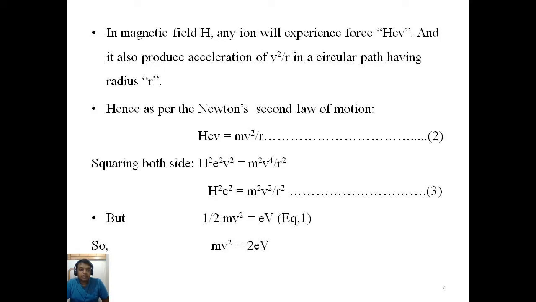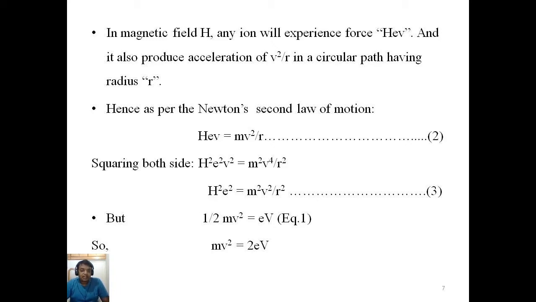If we square both sides, the new equation is H square e square v square is equal to m square v raised to 4 upon r square. If we cancel v square, in equation 3 we get H square e square is equal to m square v square upon r square. But as per equation 1, we know that capital V into small e is equal to 1/2 mv square.